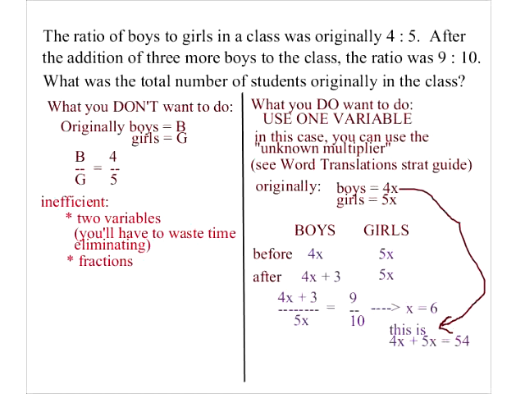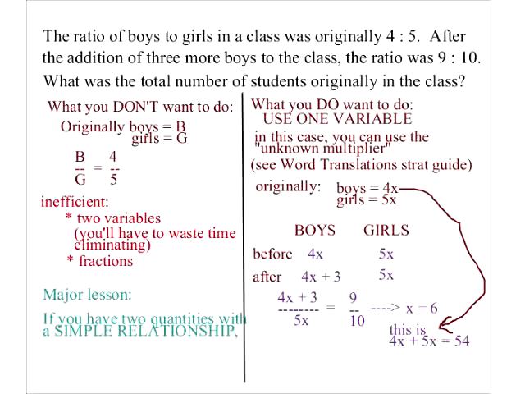So here's the major takeaway that you want to get here. The major lesson is: if you have 2 quantities with a simple relationship, then you should use only one variable for them.